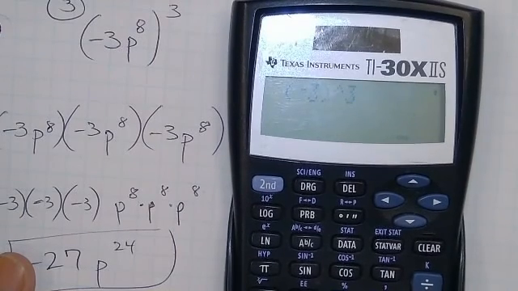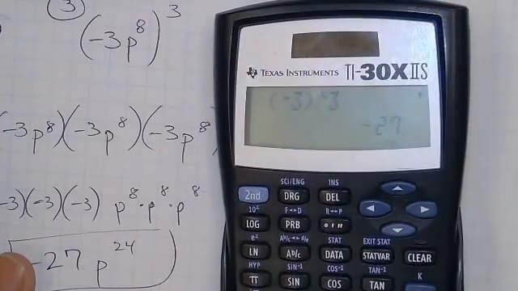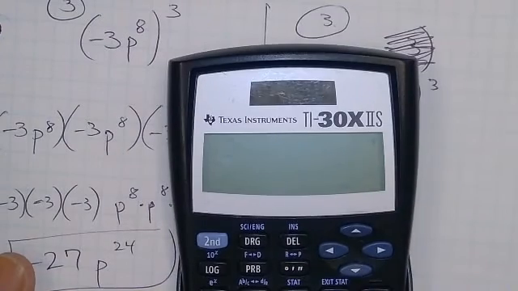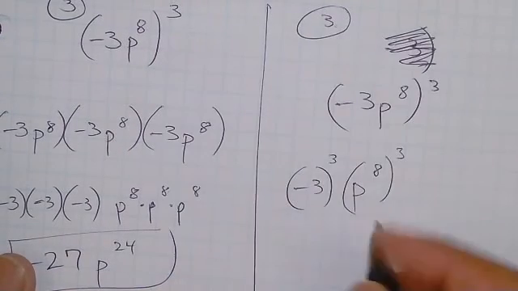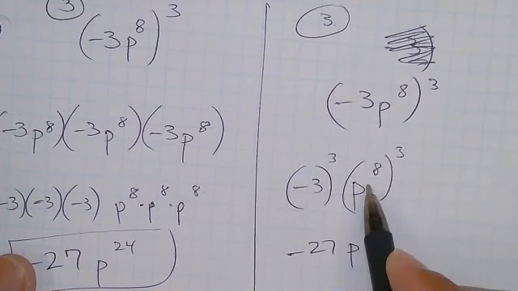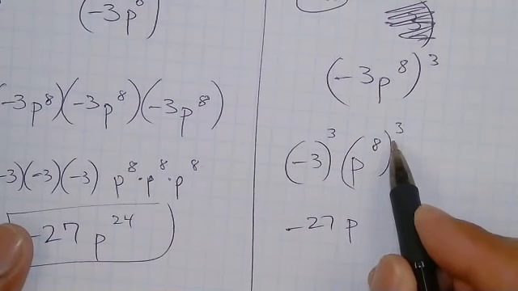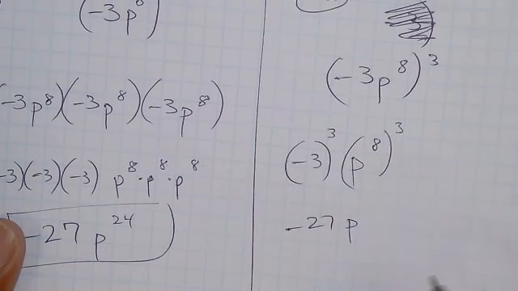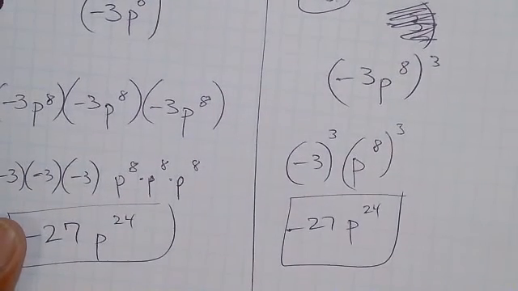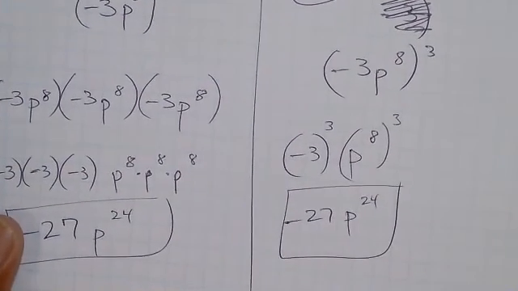So parentheses, negative 3, to the power of 3. It is negative 27. And then what's the rule? If you have an exponent raised to another exponent, that's when you multiply.